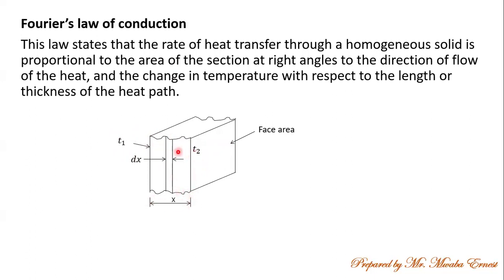We also have the two temperatures, temperature 1 and temperature 2. So the rate at which heat is going to move is going to be proportional to the thickness of the heat path, the temperature difference, as well as the area. Of course, with all of that with respect to this.